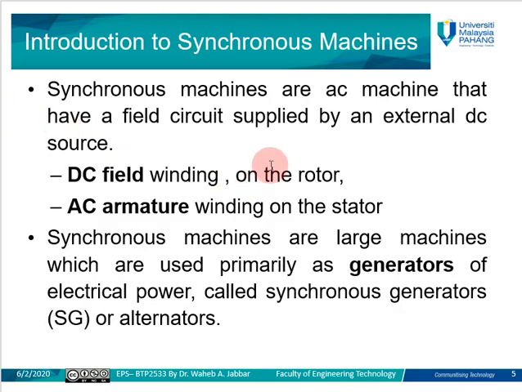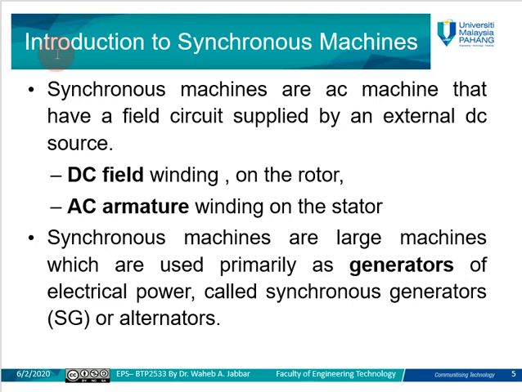The synchronous machine has a field circuit supplied by an external DC source, and this, we said, is the main difference between the synchronous machine and induction machines. So in the synchronous machine, we have a separate DC power supply which feeds the DC field winding.